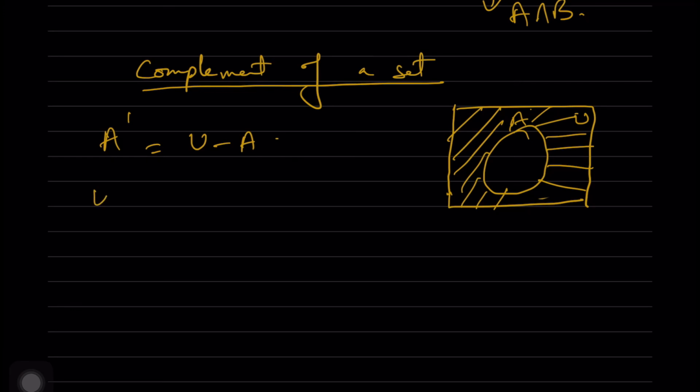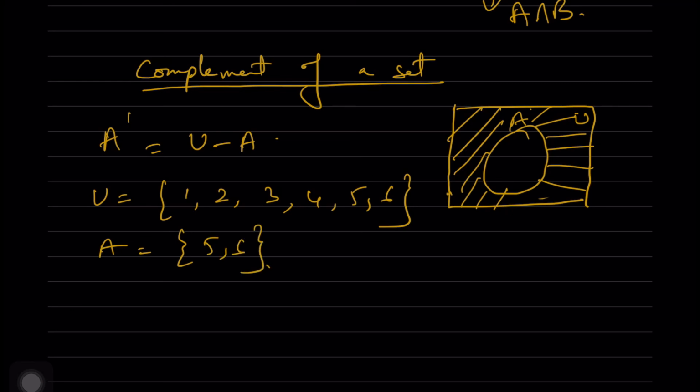For example, if the universal set is 1, 2, 3, 4, 5 and 6, and A is equal to 5 and 6, your A complement is U minus A, which is, if you remove 5 and 6, 1, 2, 3 and 4.